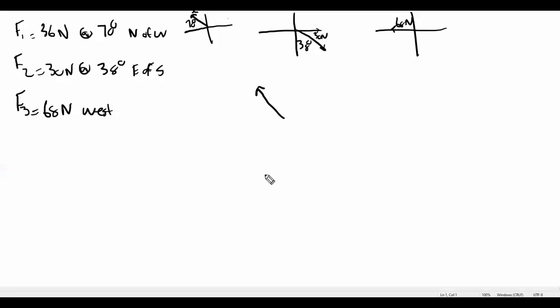So there's F1. And starting at the tip of F1, you draw your next vector. So here's F3. There's F1, there's F3, and the resultant would be like that.